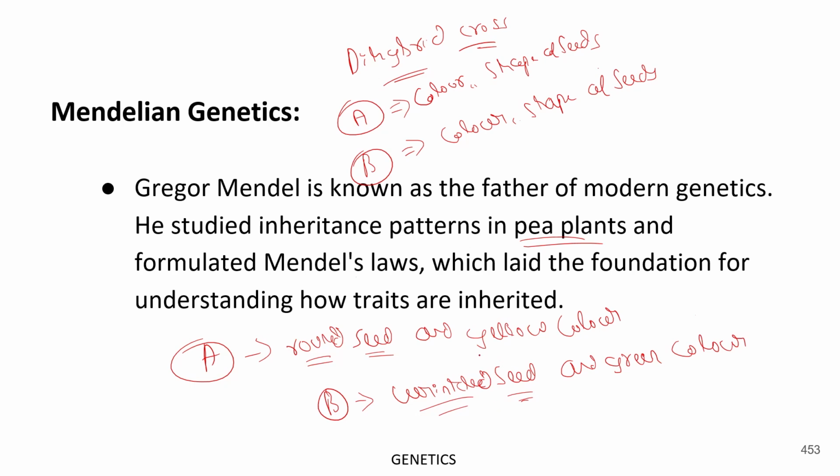Same for the color: A is yellow, whereas B is green. So this time he took plants with two different characteristics and crossed them. Now guess the outcome. Many of you may say, sir, the outcome would be the same, like A and B get together and the new one will be AB. But again, the result was very much similar to the previous result.